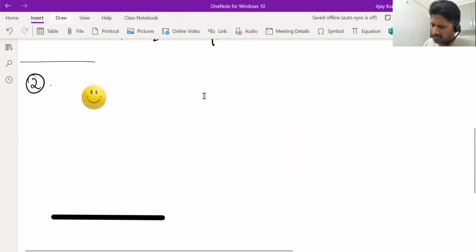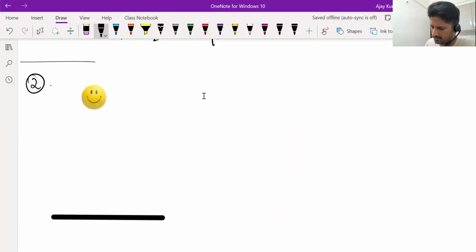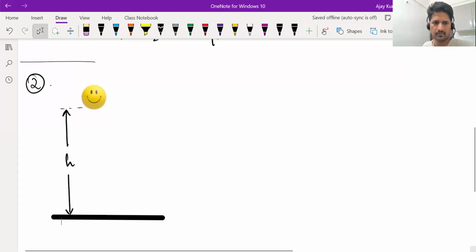Assume it's dropped from a height h. Rishi, can you describe what is going to happen? Then it'll fall and then it'll bounce to a certain height.